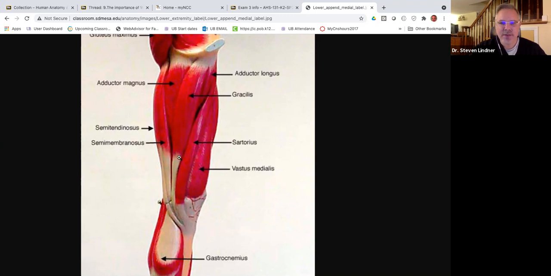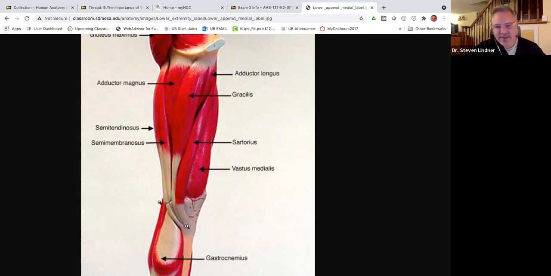So sartorius, let's look at it. Here's the sartorius. It inserts on the pes anserine. Gracilis, let's look at it. It comes down here and inserts on the pes anserine. And then let's look at the semitendinosus. Here, it too inserts on the pes anserine.